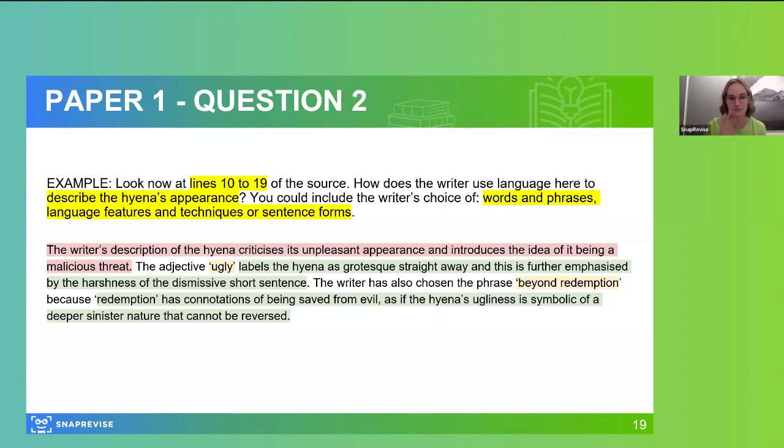I would add in a sentence at the end, maybe saying thereby showing the reader how ugly the writer finds the hyena, something like that. But as you can see, I've talked about the short sentence, it's dismissive, talked about the connotations of redemption, and then analyzed that. And again, that's all to do with answering the question directly, for what the question is asking you.